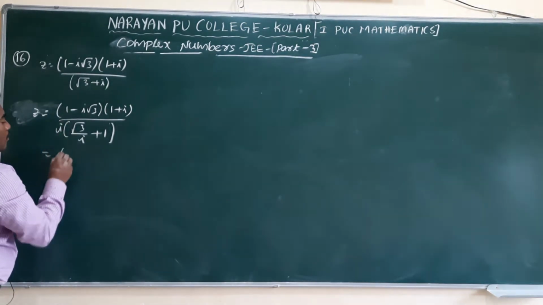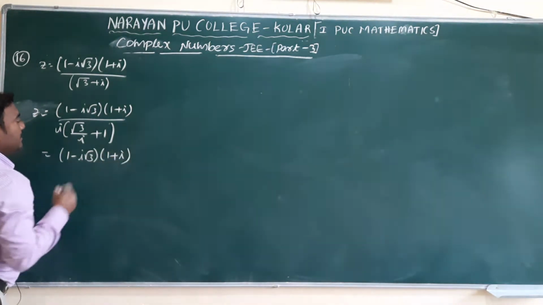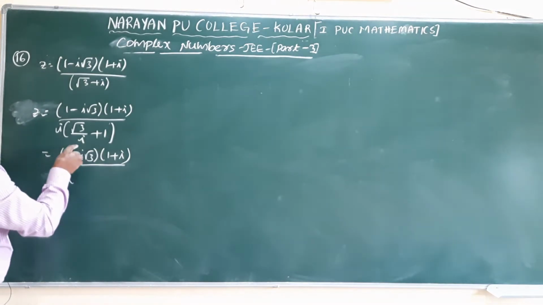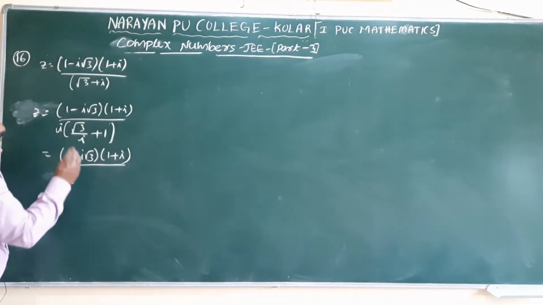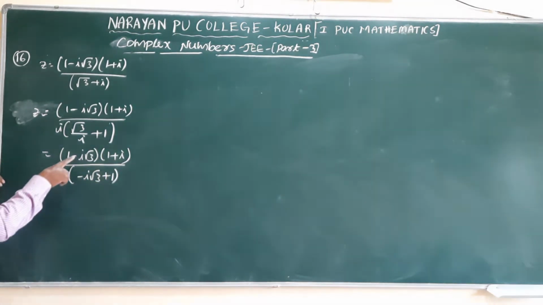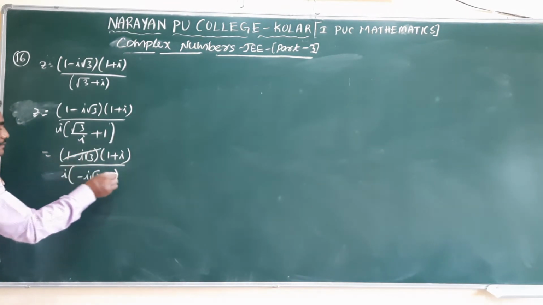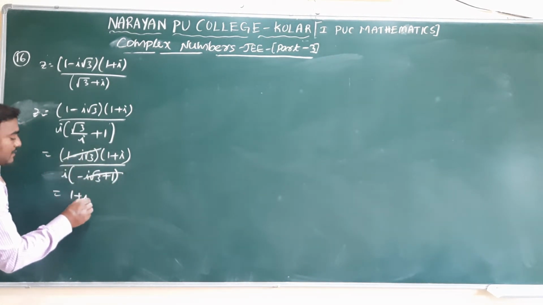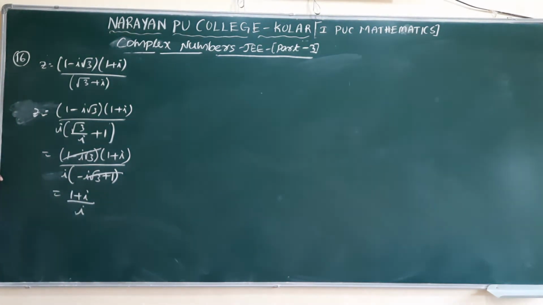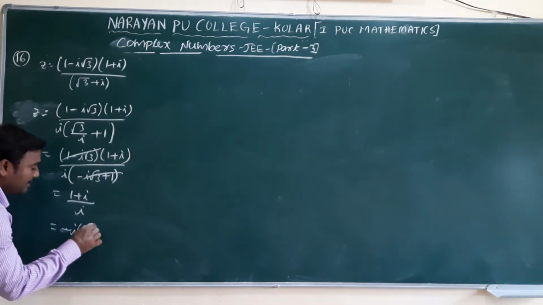Using 1 by i equal to minus i, we get minus i root 3 plus 1. Here 1 minus i root 3 and minus i root 3 cancel, remaining (1 plus i) divided by i. So 1 by i is minus i, giving minus i into (1 plus i).